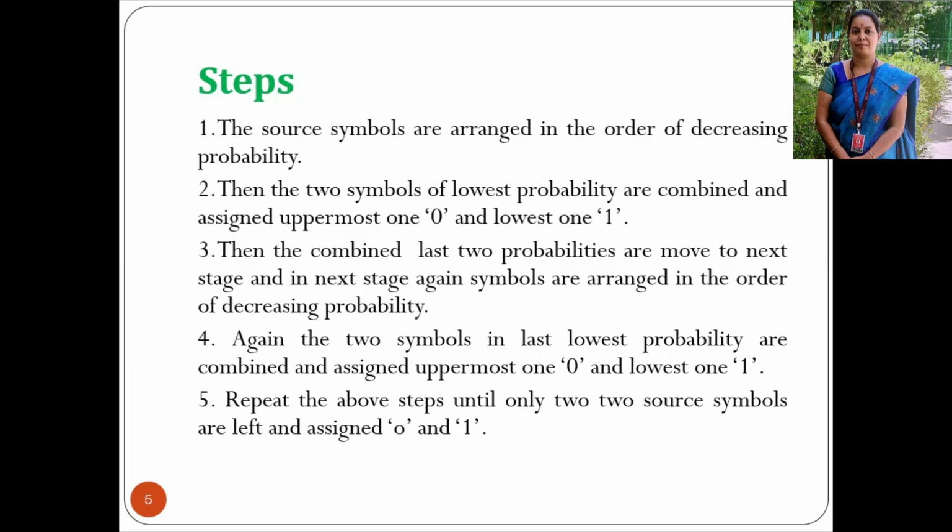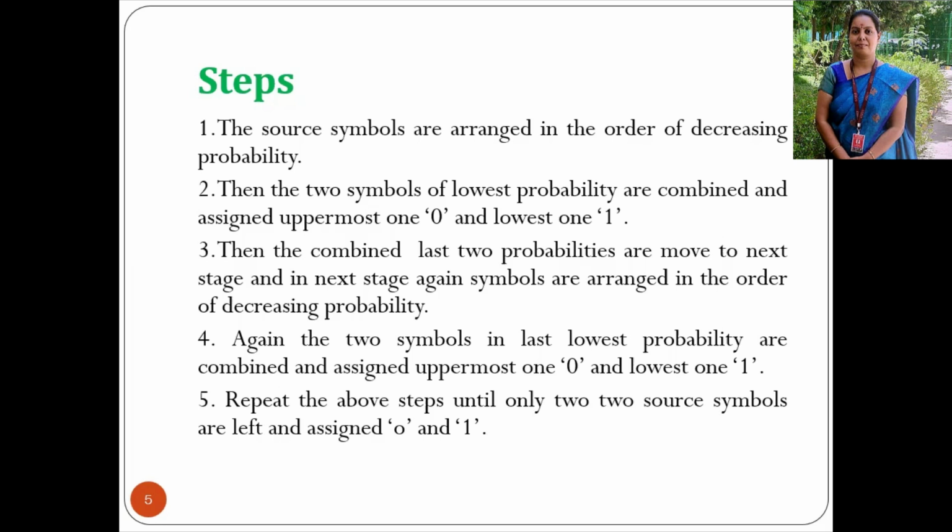This is the third step. Then again the last two probabilities are combined in the second stage; the second stage is first arranged in decreasing order, and we repeat the same step.